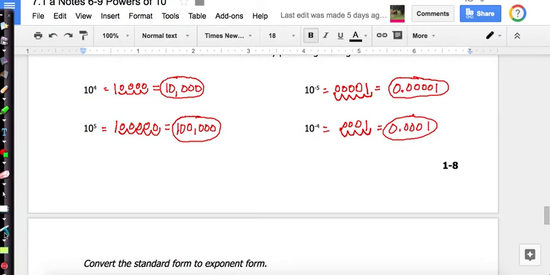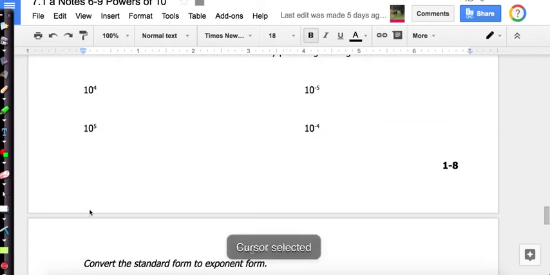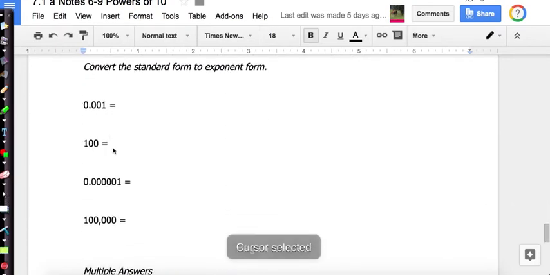Okay, turn to the last page. It says convert the standard form to exponent form. Okay, so what we have to do here is figure out how many places we moved. So what number do we always start with? We always start with a 1.